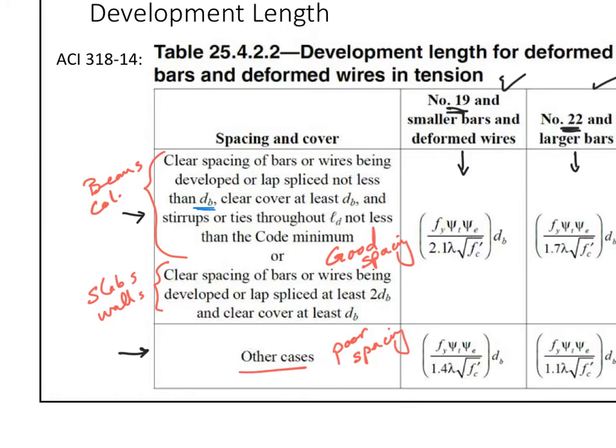The clear cover for the bar is bigger than dB. And throughout the development length, my stirrups and the ties fulfill the code requirements. If I have all 3 of those given, I go with these values. If they're not fulfilled or I don't have enough information, then I go with those values.